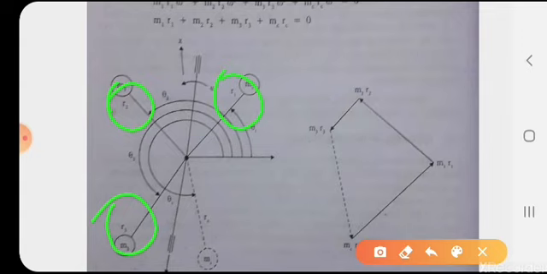Then each mass produces a centrifugal force acting radially outwards from the axis of rotation.